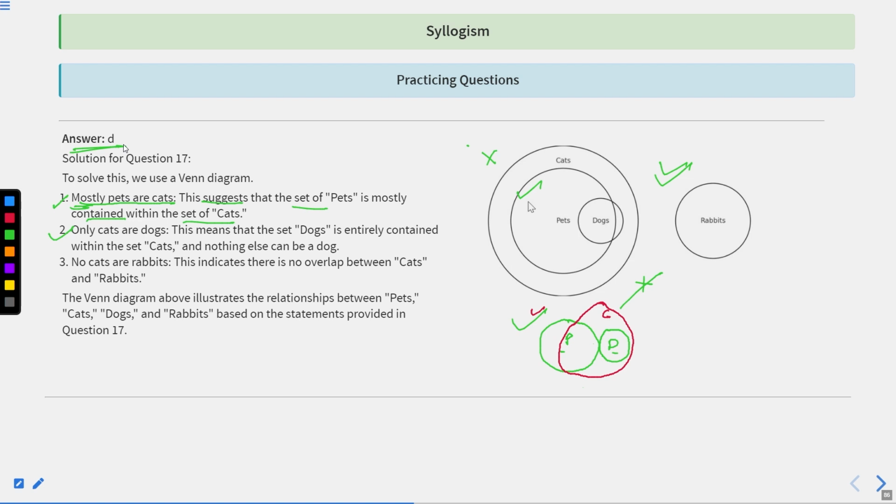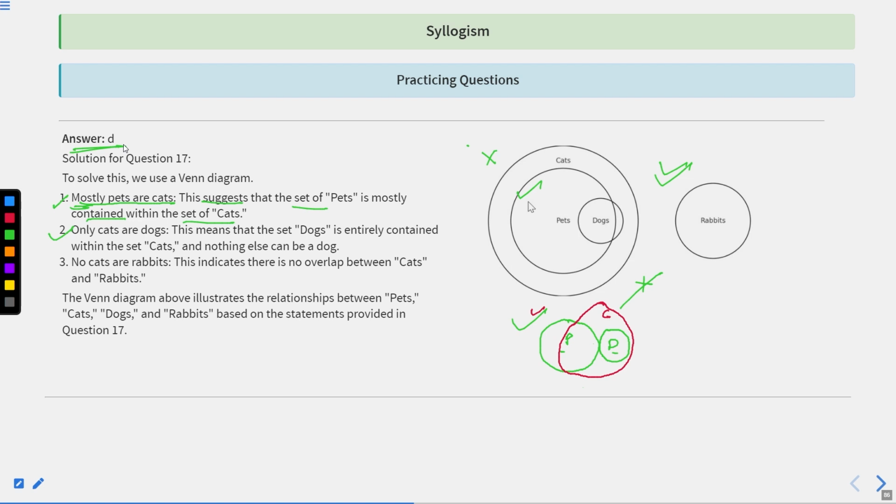And once you have understood how to draw the Venn diagram, and you can cross verify that the statements and the Venn diagram are resonating and complementing, you can come to the conclusion very easily just by merely observing the Venn diagram itself. So my dear students, I would like to end today's lecture session right here itself.